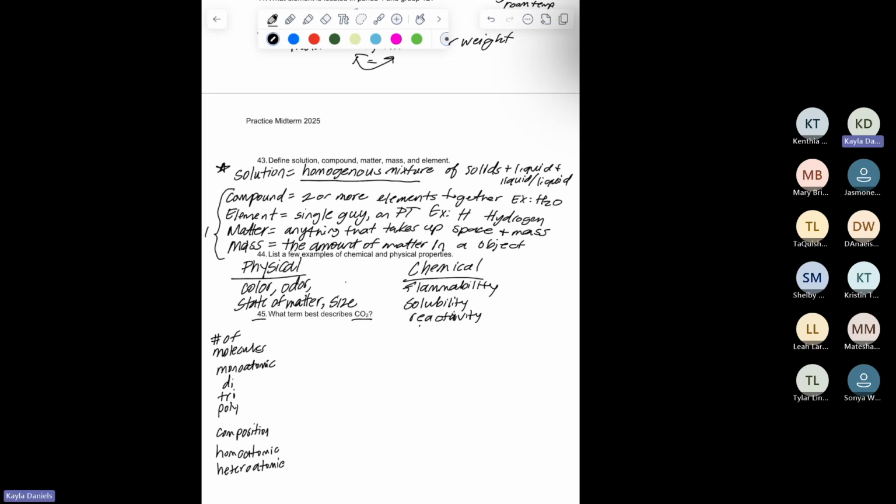So CO2 is going to be triatomic because there's one carbon and two oxygens, so there's three total. And then it's not all just carbon, it's not all just oxygen, so it's triatomic, heteroatomic. Hetero meaning opposite, and homo meaning alike or same. All right, we did it. Questions?